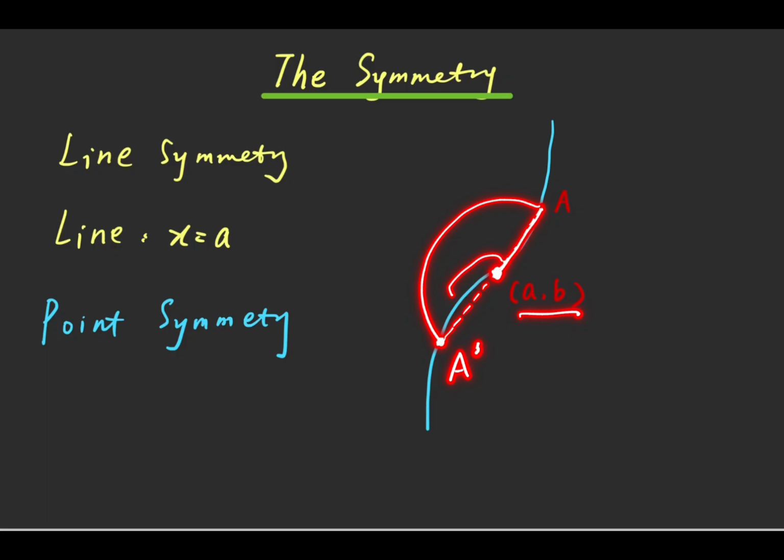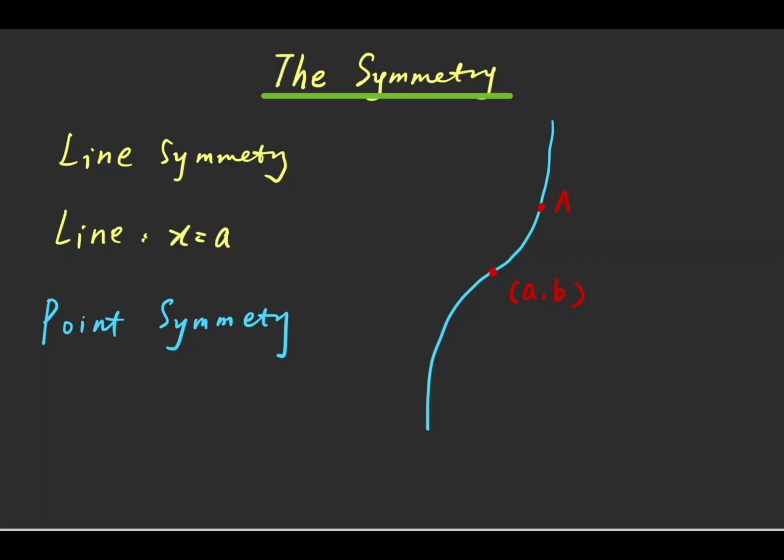And A prime is just on the other part, that is, this part. This point is rotated 180 degrees, you get A prime, and this A prime is just on the other part of the graph. We say this graph has point symmetry.